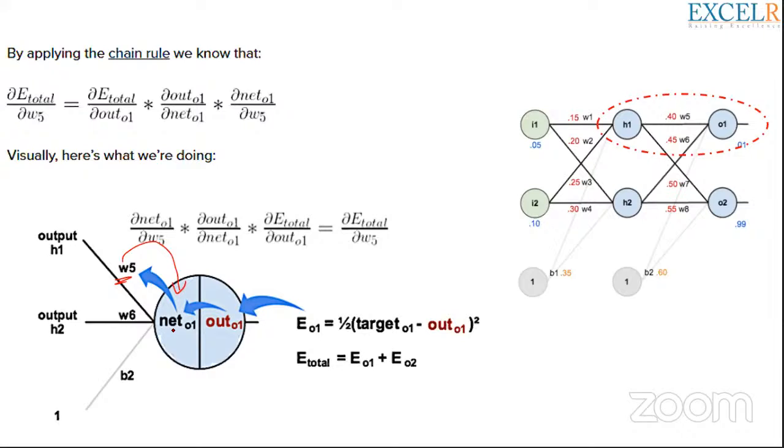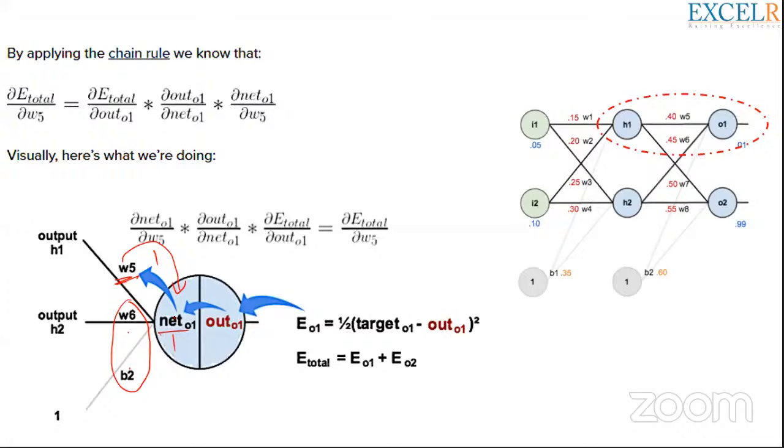Because it is not direct, right? The net01 is a combination of B2, W6 and W5. If you say, hey, if I change W5 by one, net01 would also change by one, no, it's not like that, because the other components are also involved here. First, I have to identify how much change we would see in net01 if we change W5 a little bit.